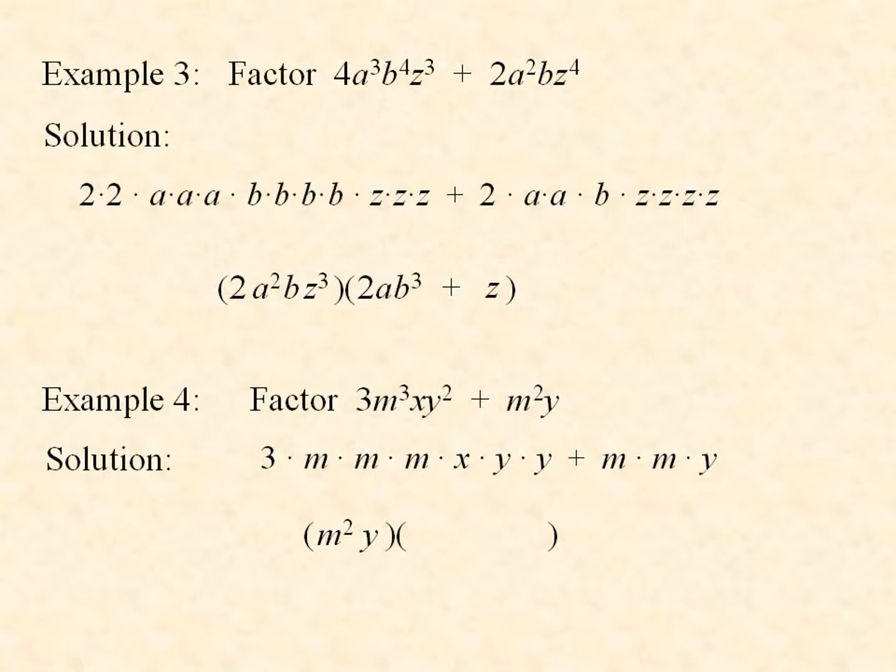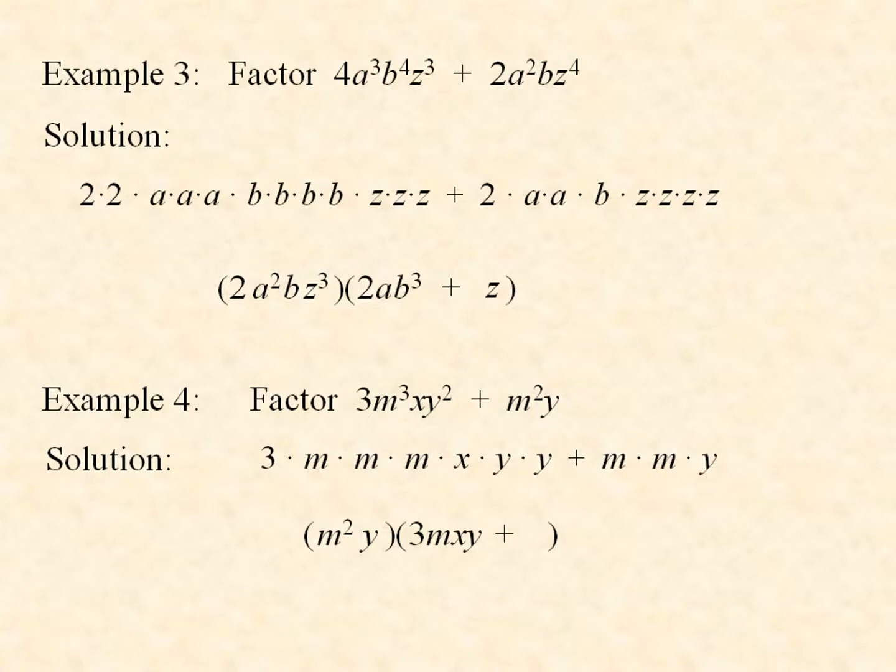Now, for the second set of parentheses, we need to consider what do we multiply that greatest common factor by to get the terms of the original expression. To get 3m third xy squared, we need to multiply by 3mxy. Do you see that? M squared y times 3mxy gives us the 3m third xy squared.